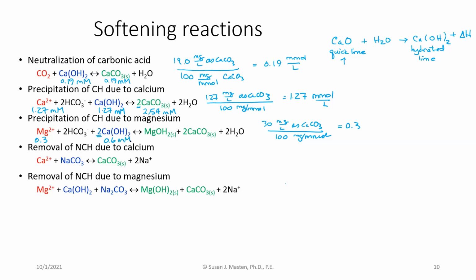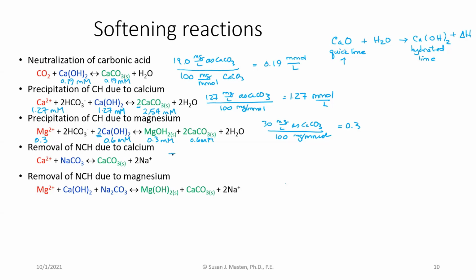And notice here we have produced 0.3 millimolar of magnesium hydroxide sludge plus 2 times that, 0.6 millimolar, of calcium carbonate sludge. Questions? It's basically bookkeeping.